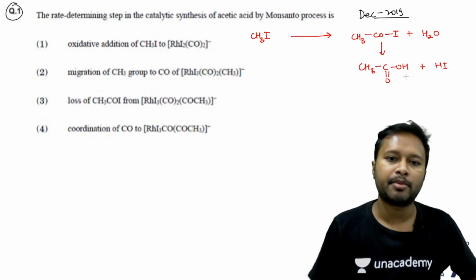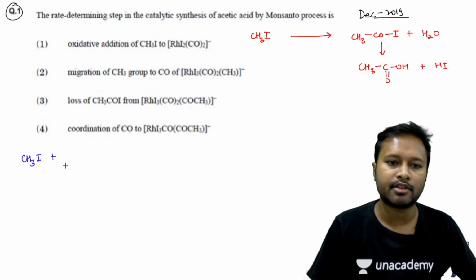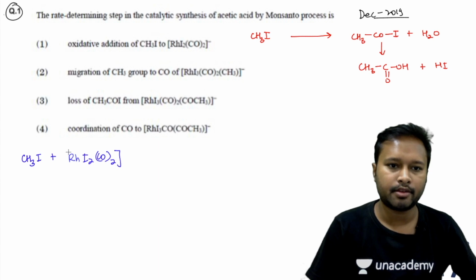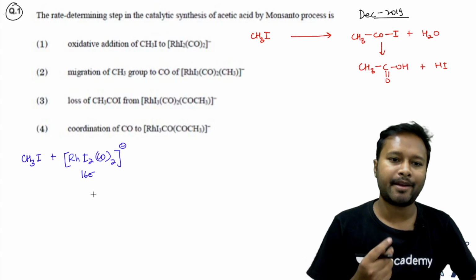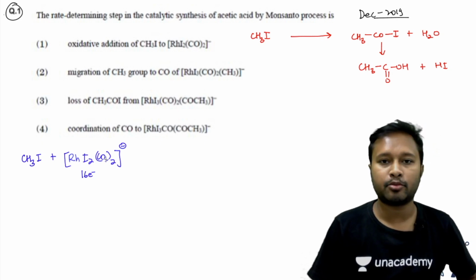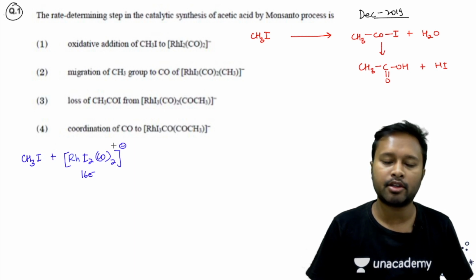Now once you know the basics of it, you should know the steps involved in the formation of this particular species. Basically, when you take this methyl iodide and treat it with the Monsanto catalyst, which is basically RhI2(CO)2 minus, this species is a 16 electron species, and being a 16 electron species, it is electron deficient. In order to become an 18 electron species, it can do oxidative addition of this particular group on that.